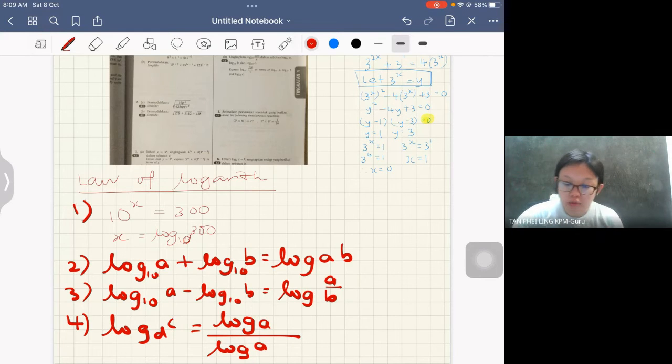Then I will put C on top, D at the bottom. So that is how I do it this way. Is that okay?